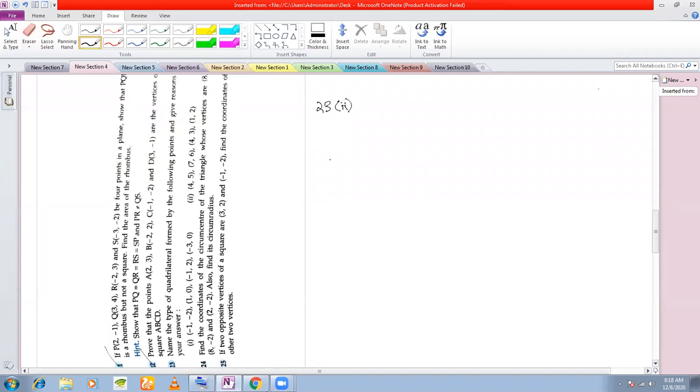The question here is, name the type of quadrilateral formed by the following points. Let's list down the points first. Let us call the point (4,5) as A, the point (7,6) as B, the point (4,3) as C, and (1,2) as D. Whenever such a type of question is given, you will take the coordinates in order.